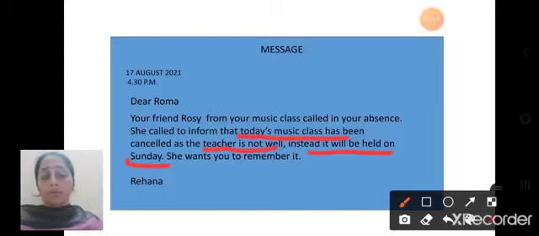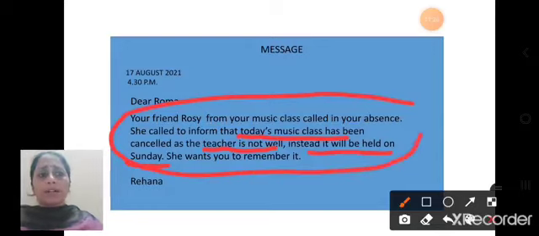Roma should know that this class will be held on Sunday. So the entire information, whatever is important, is a part of the body. Nothing is missed. Can you see, students?